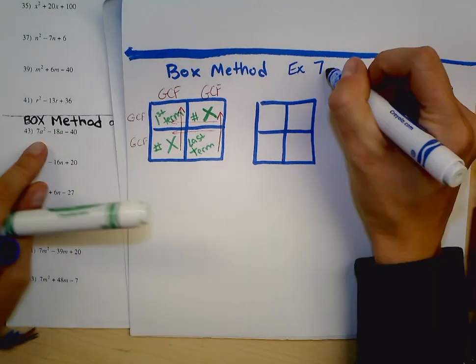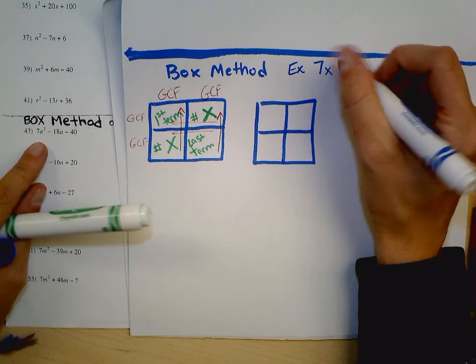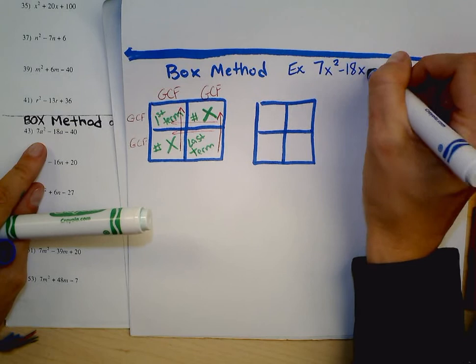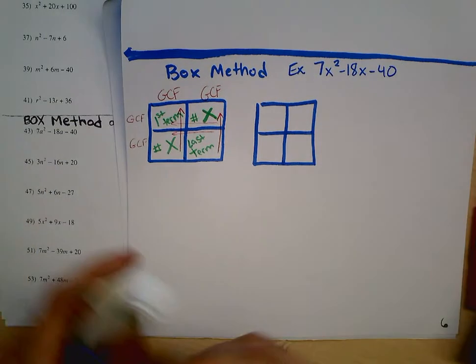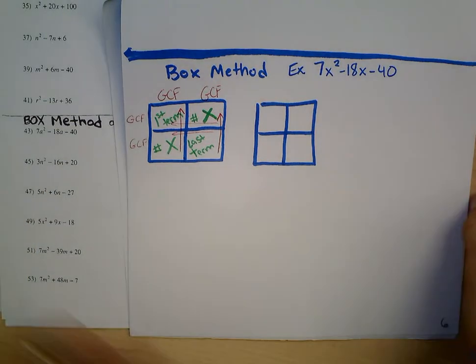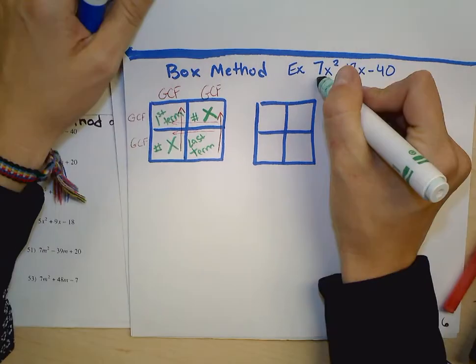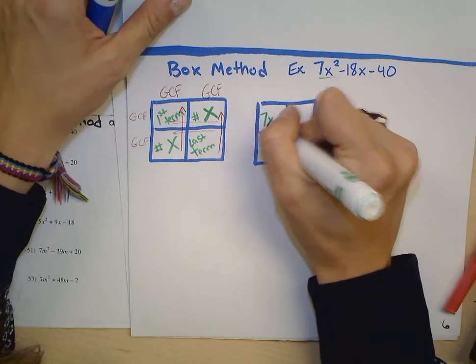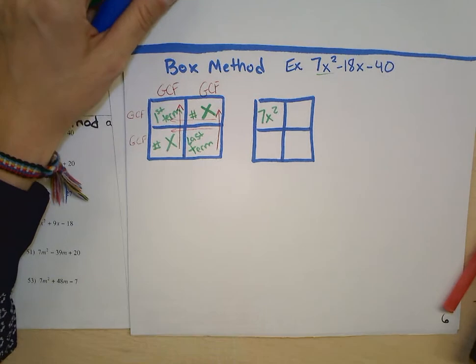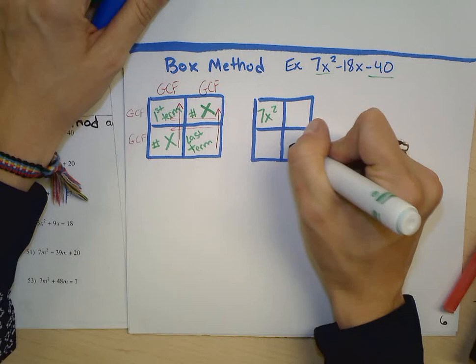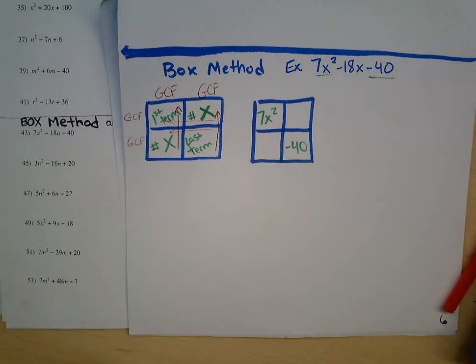That's just a pet peeve of mine. Okay, so the first term here is 7x squared, so I put in my first term, 7x squared, done with that box. This box is my last term, which is negative 40, so I put in my negative 40, done with that box.